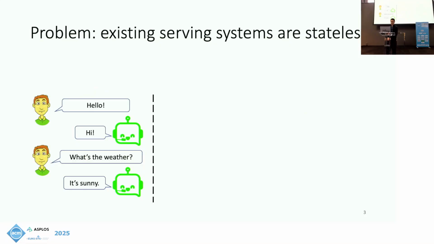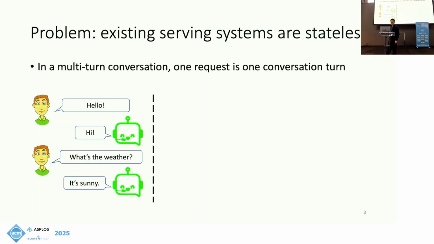So in this work, we focus on a very similar setup as the previous work, Sketch Cache, which is also this multi-turn conversation, where the user sends one request to start one conversation turn. And in this kind of workload, the user request will be prepended with chat history in every turn.